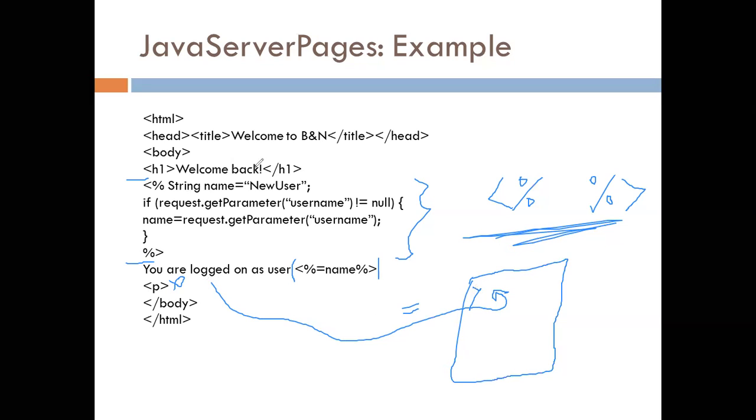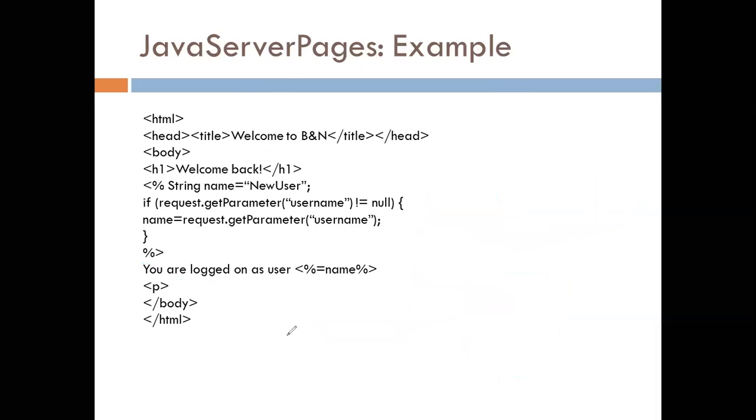Before that, "Welcome back" will be there, because that is the first string being printed. So the first statement is "Welcome back", the second statement is "You are logged in as user", and it will print the name. The "Welcome to B&N" is the title, and that title will be displayed on any browser over here. Again, this has to be executed on a Java framework.